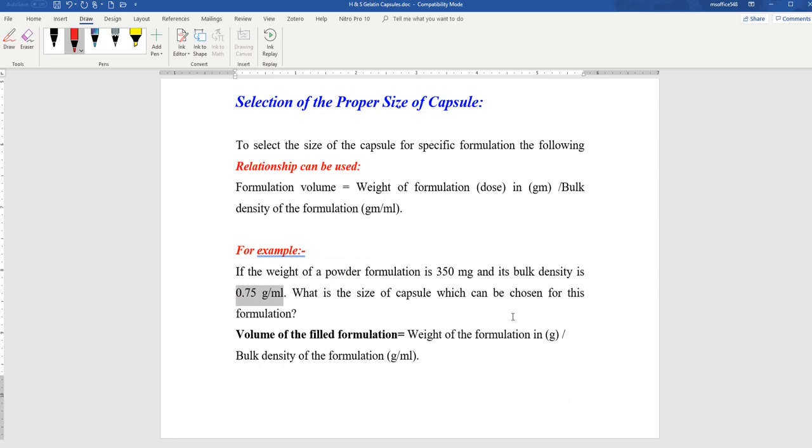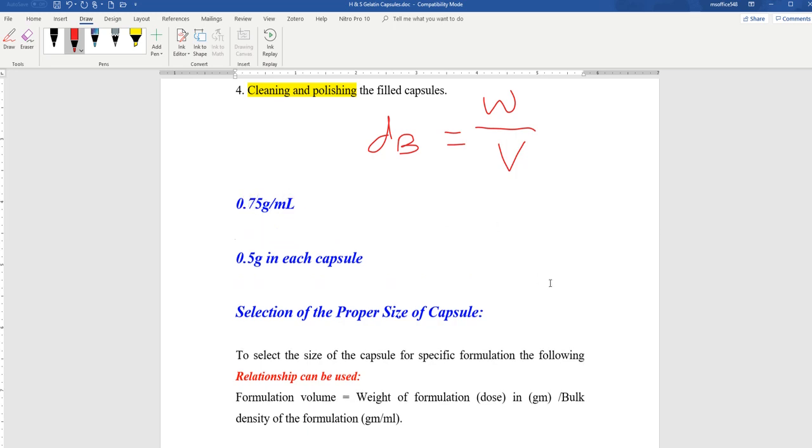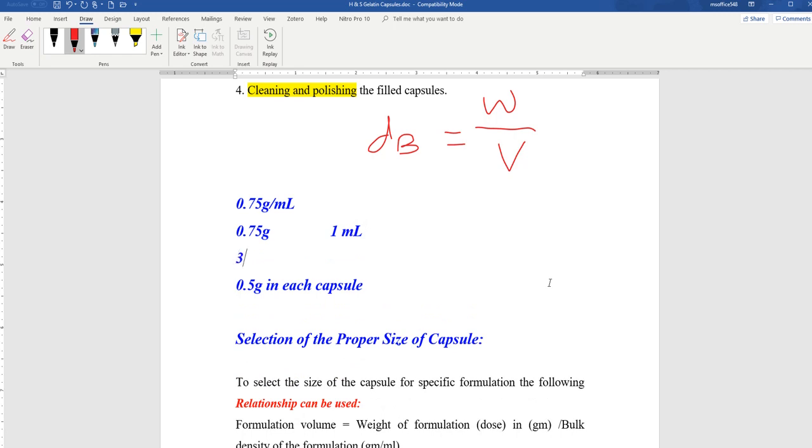What size do I need to use? Of course I can do it in the same way here. For example, this is 0.75 gram per ml. This means that every 0.75 gram of the formulation will take 1 ml.